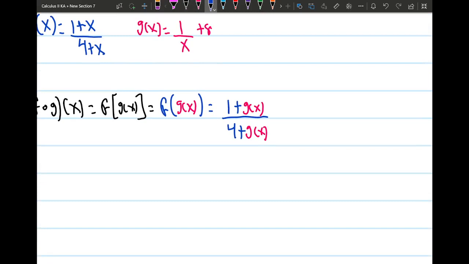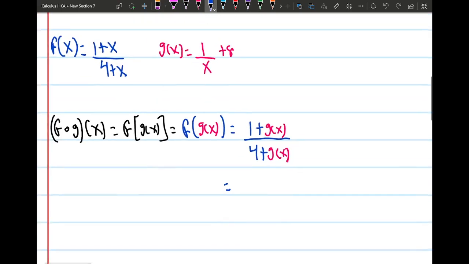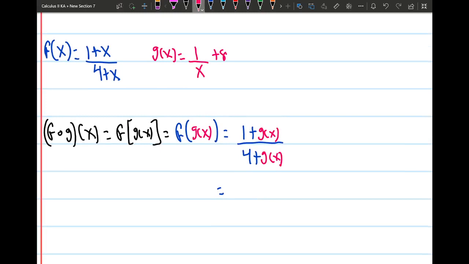And then from here, we are going to plug in 1 over x plus 8 for g of x, excuse me.